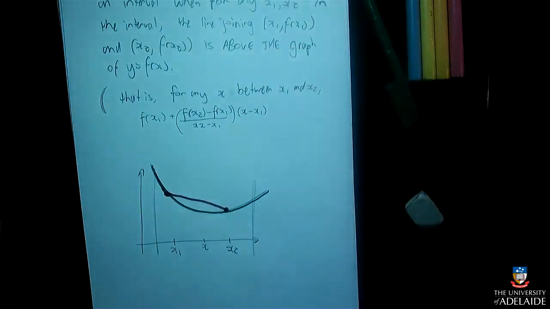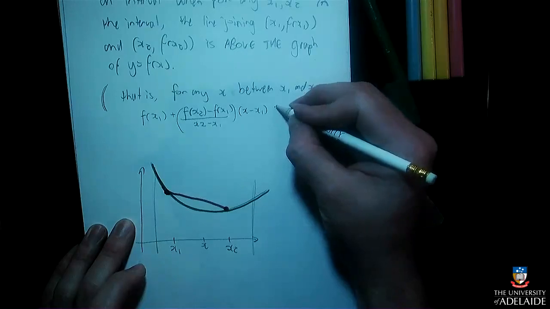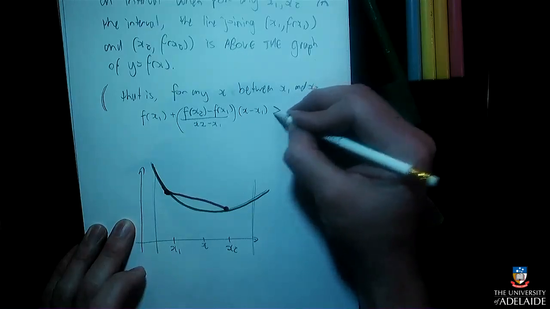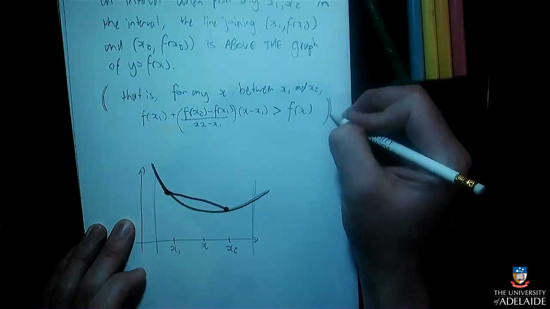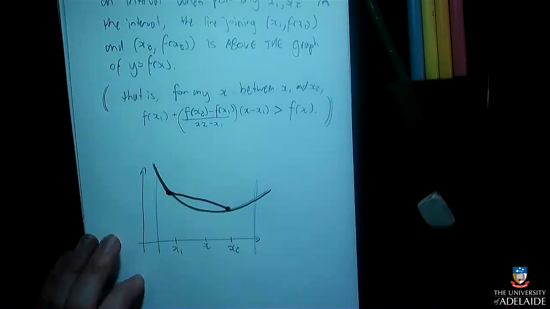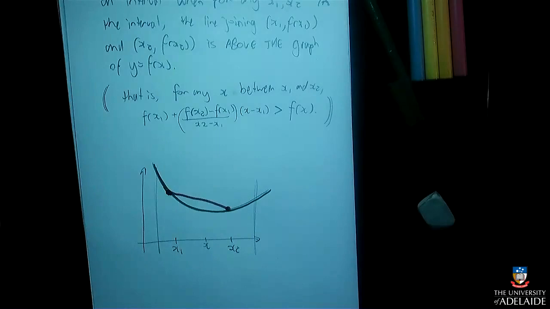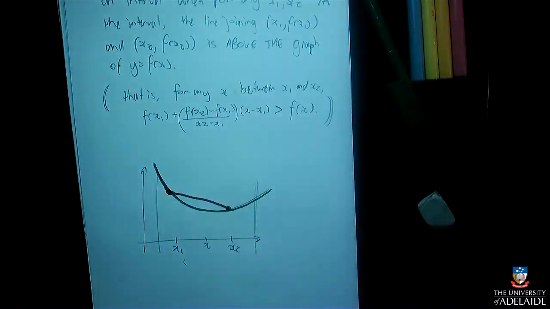So that calculation there, it's lovely, isn't it? Has to be greater than the function value. Okay, that's the formal definition. I can actually do a little bit of algebra on this to make it a little prettier, but I'm just going to leave it like that for the moment.